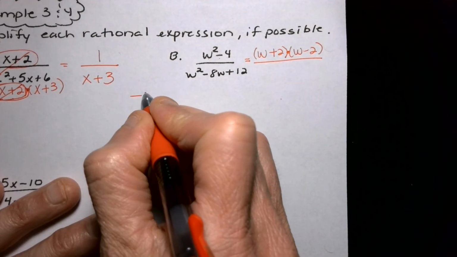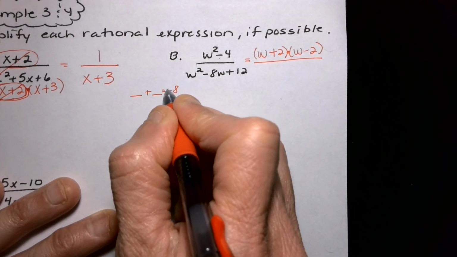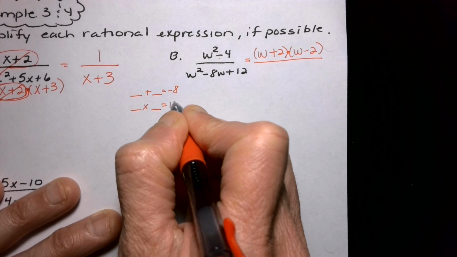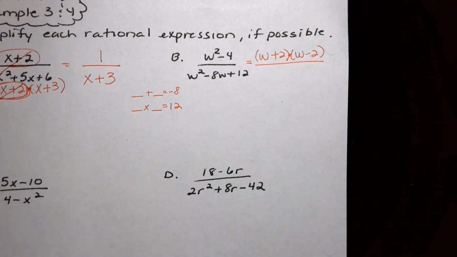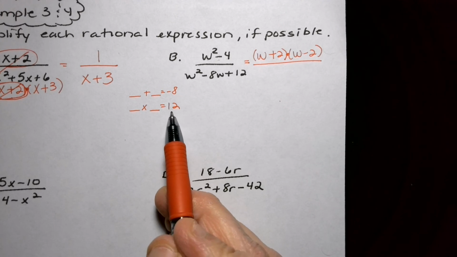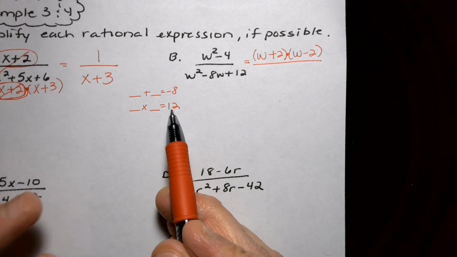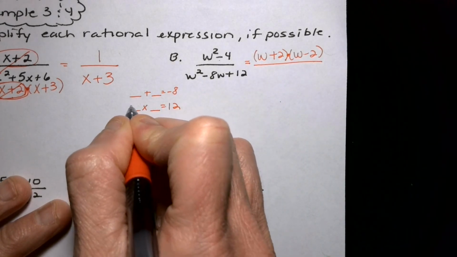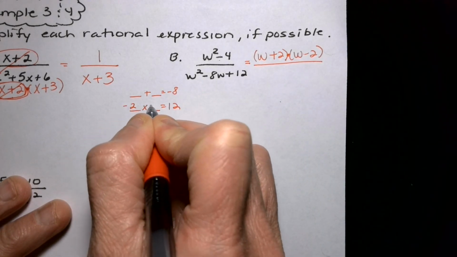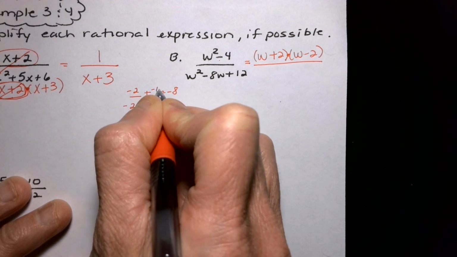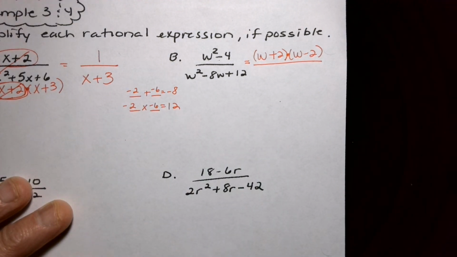Let's try this. What plus what equals a negative 8, and what times what equals 12? Factors of this: 1 and 12. No. 2 and 6. Oh, 2 and 6 might work. It's got to be positive, and it's got to be negative. So negative 2 and negative 6. Double check. Does that work?